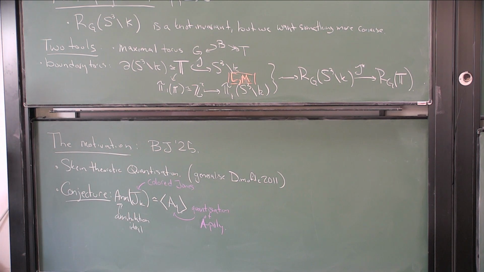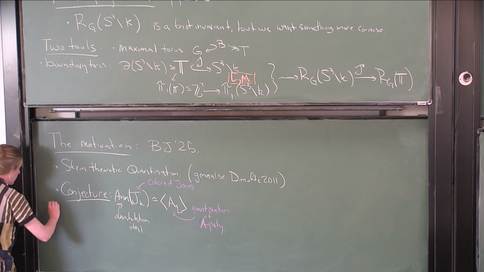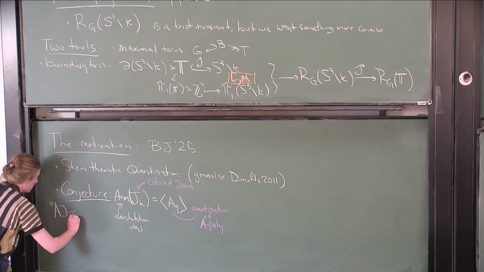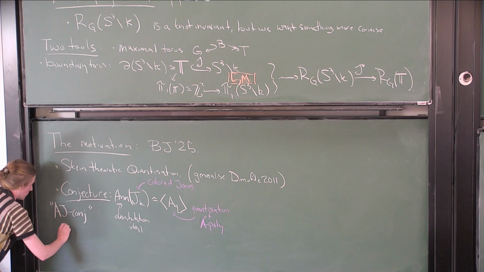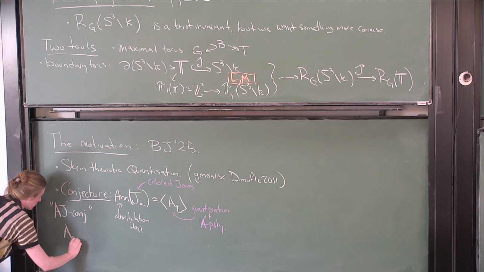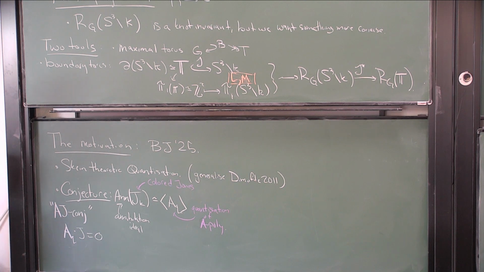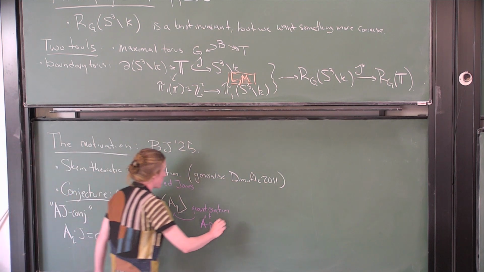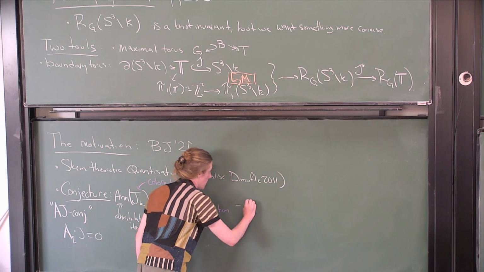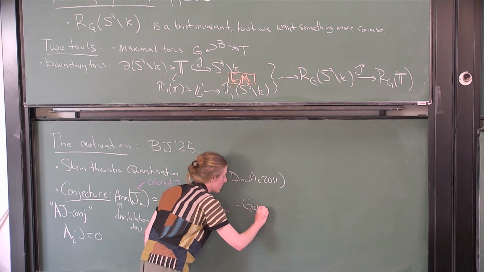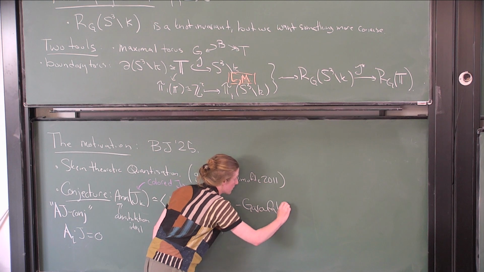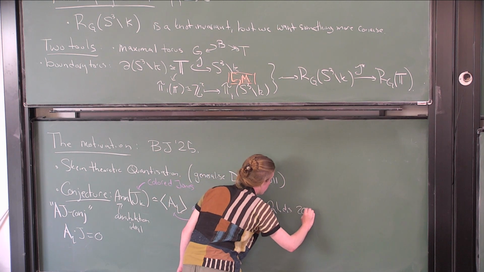So here's the conjecture. This is called the AJ conjecture, because one consequence of it is that if you take this A_q and you act on J, you get 0, so it's AJ. That's very nice. This was crystallized by Garoufalidis in 2005.